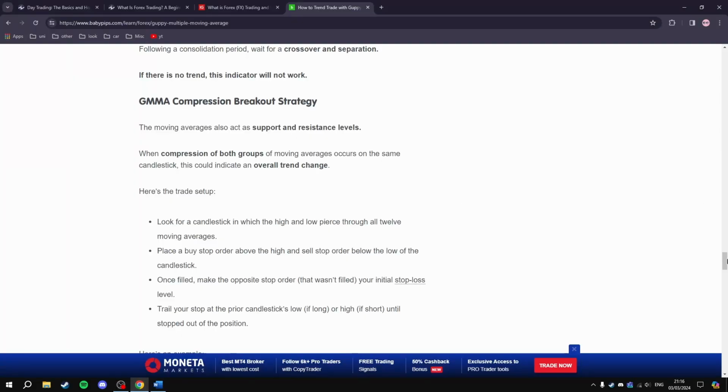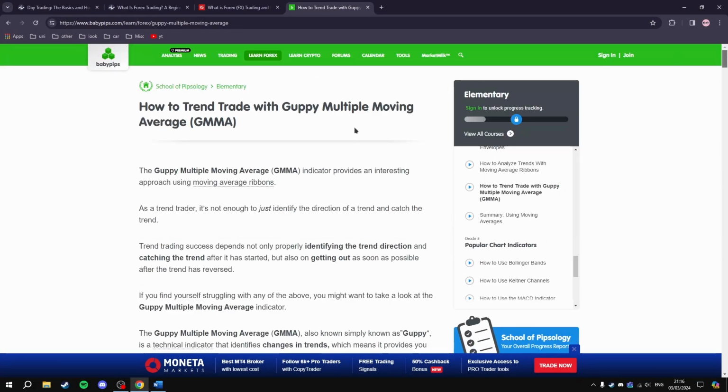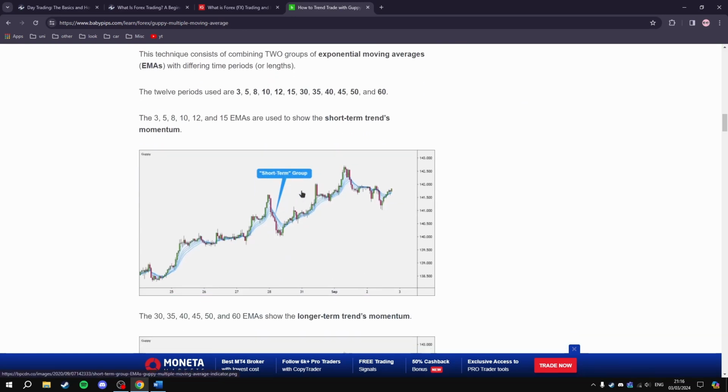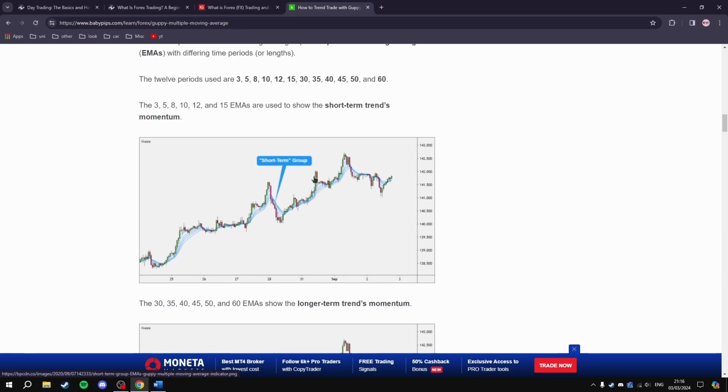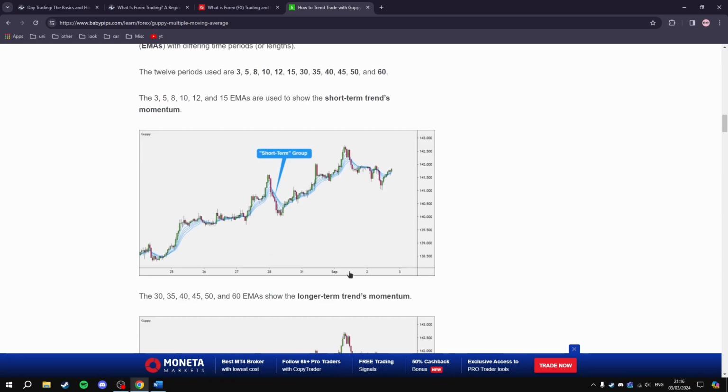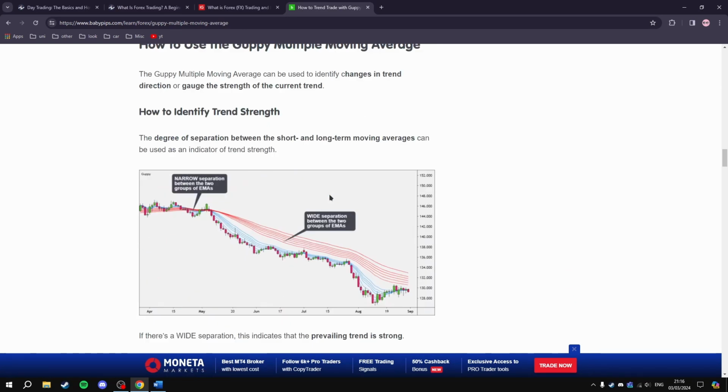So in the last episode we went through how to trade with Guppy Multiple Moving Average. We made notes throughout all of this, basically setting up the Guppy Multiple Moving Average with two groups, the short term and the long term group.